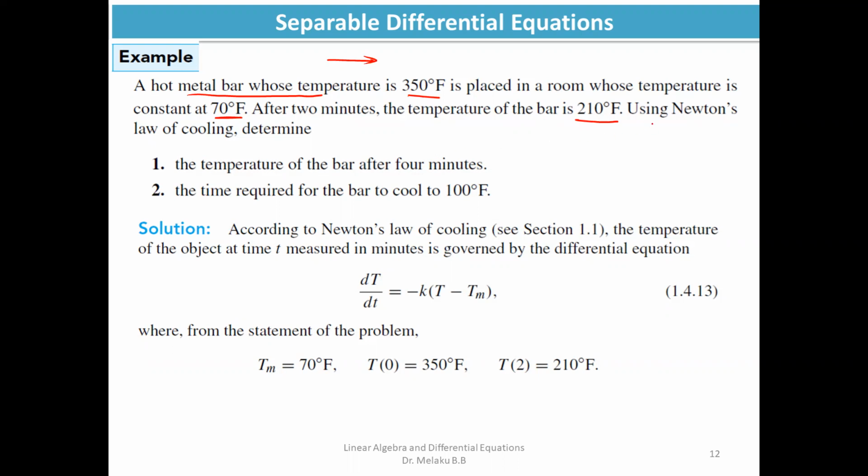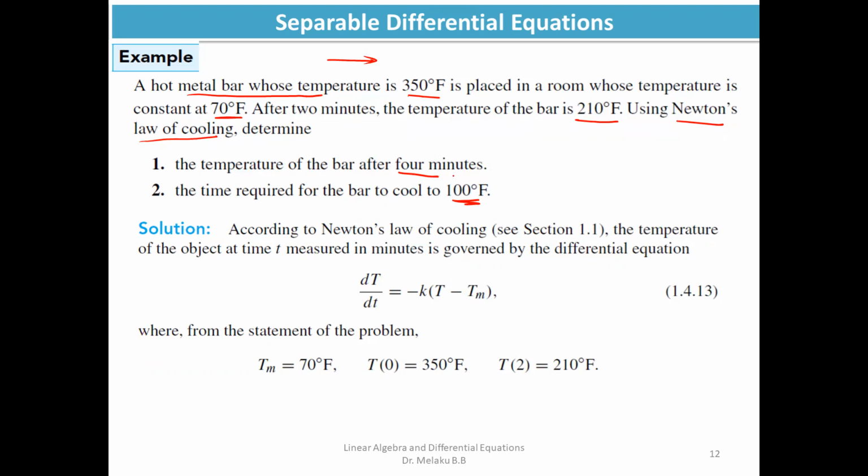Now the question is, using Newton's law of cooling, determine the temperature of the bar after 4 minutes, which will of course be less than 210, and the time required for the bar to cool to 100 degrees Fahrenheit. The question is easy, but it needs solving the differential equation.